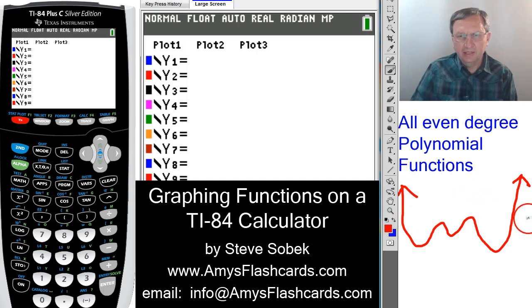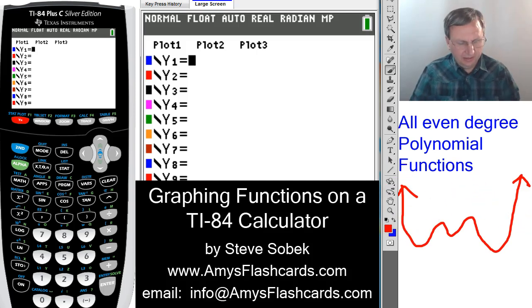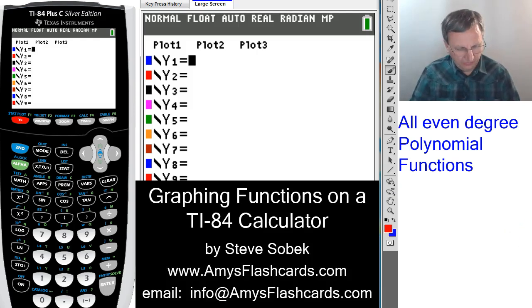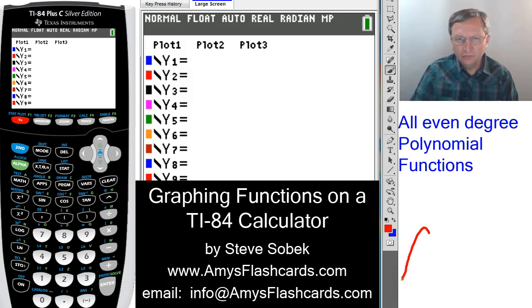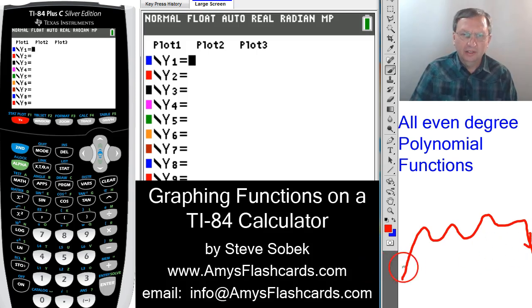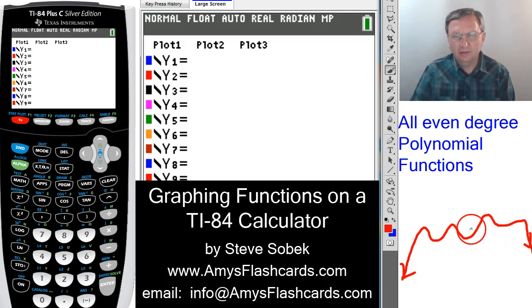And if it starts from below, then it's going to end downward. Of course you can look at the coefficient of the term of the highest degree to determine which of the situations you have for that particular function. There's a quick summary on odd and even degree polynomial functions.